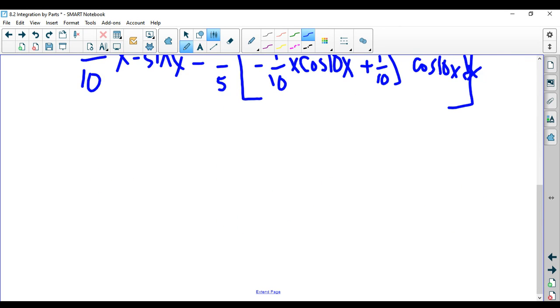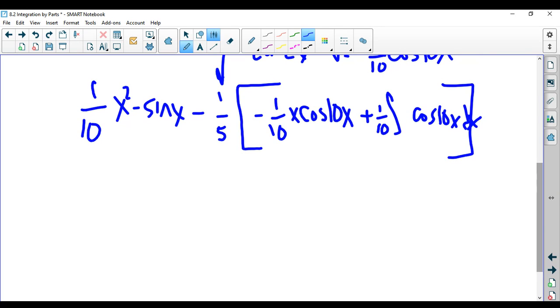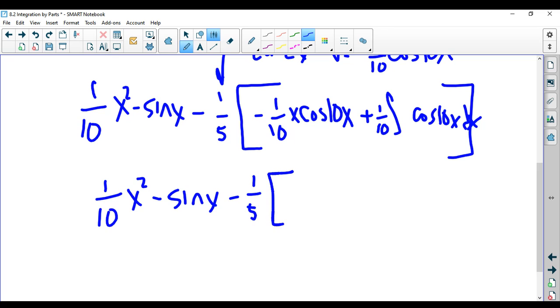So our final answer, well, not final answer, our final unsimplified answer will be this. The integral of cosine of 10x is positive 1/10 sine of 10x.